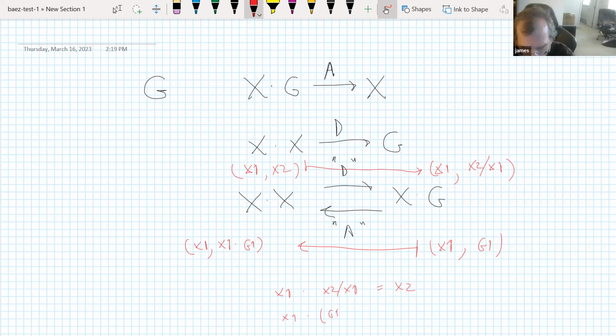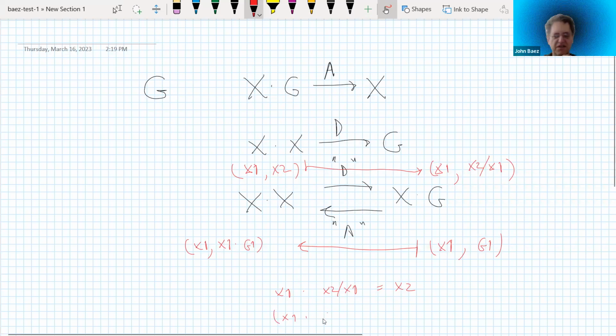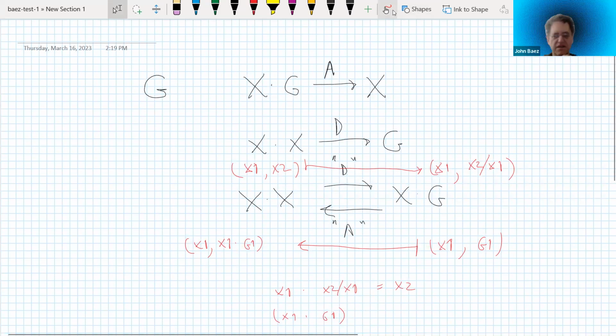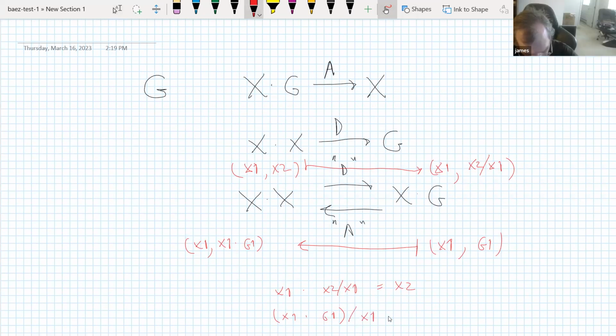The quantity X1 times G1, divided by X1, is G1. So I think we may not have optimized the notation for how the division goes. We'd write the division on the left instead of on the right.